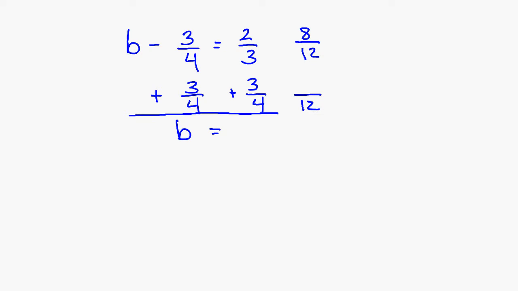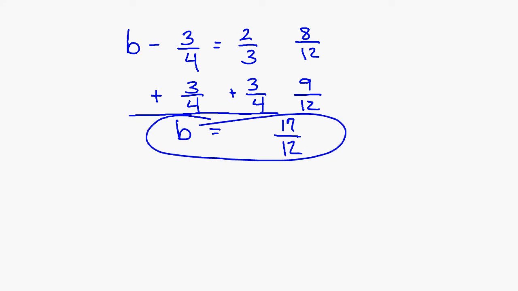And 4 goes into 12 3 times, and 3 times 3 is 9. So now you have a common denominator, and you can add the numerators. 8/12 plus 9/12 is 17/12. And you can leave it just like that.